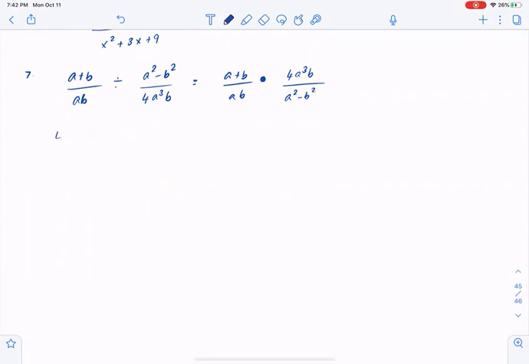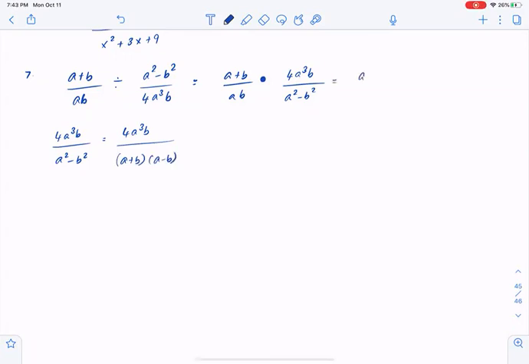So we can move on to the second. The numerator, it's just 4a cubed multiplied by b. Nothing can be done. But the denominator, it's a squared minus b squared. And we know that is a plus b times a minus b.